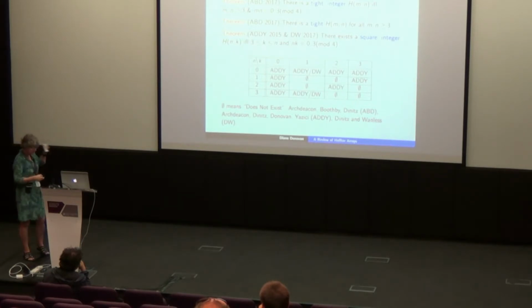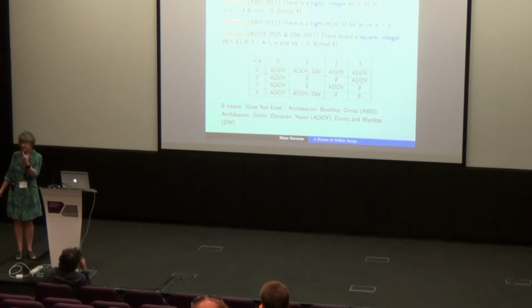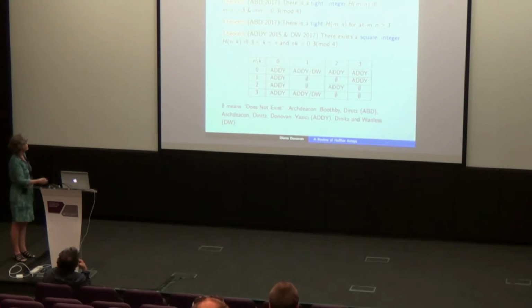So the importance of that result is that we use the way they bi-embedded the Steiner triple systems to get some Heffter arrays. But before I tell you about that, I want to tell you about what's known about Heffter arrays. So remember, tight meant every cell was filled. Integer meant the sum of the rows and columns was exactly 0.